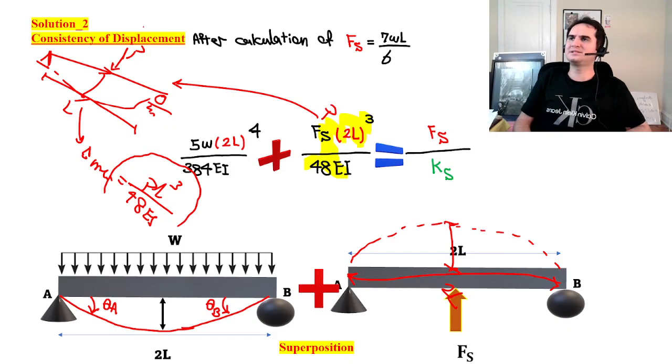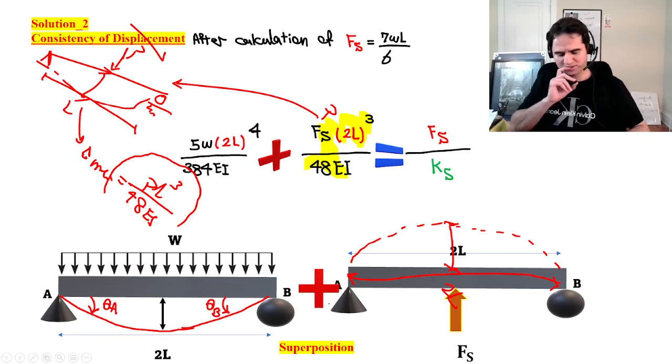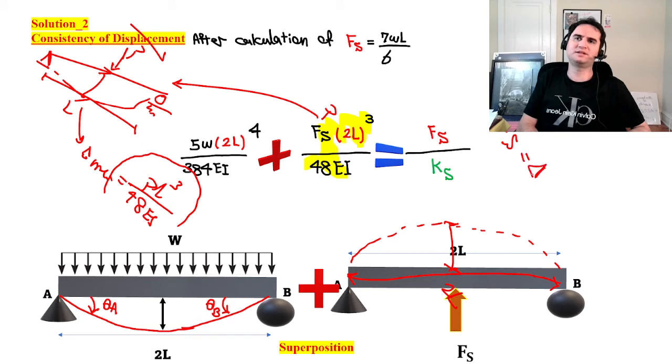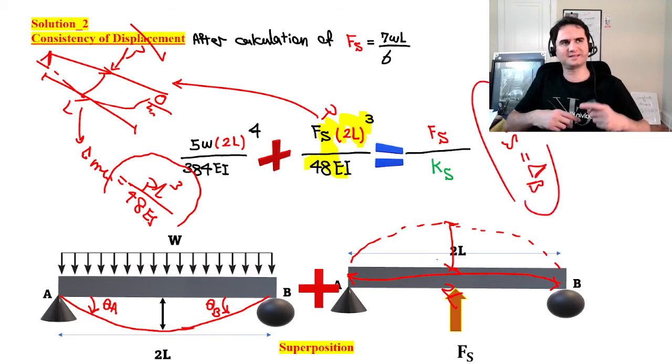And due to consistency of displacement, the overall displacement of the configuration is also such that delta S is equal to delta B. They have no other way but to move the same amount.